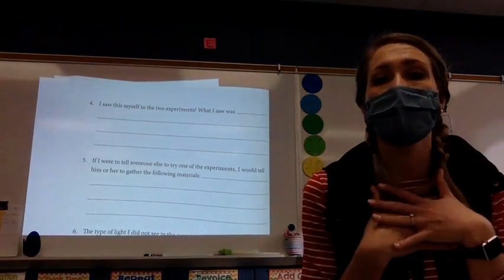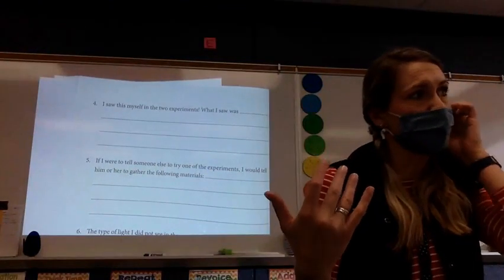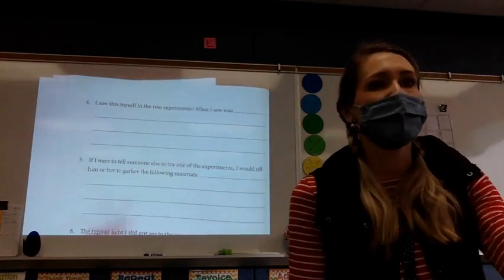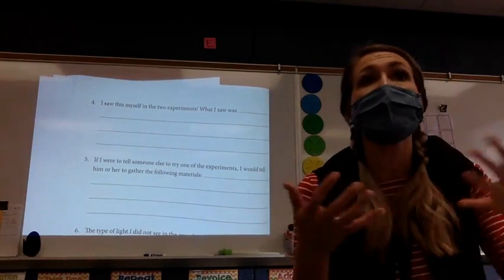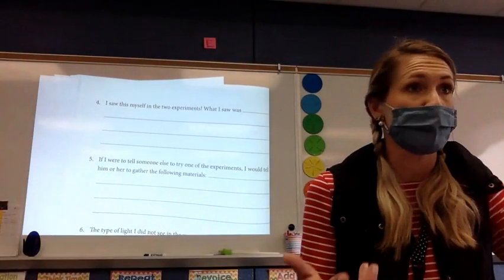We did not get to do the second experiment, but we did get to watch it. Would you know what materials to grab? Yes. Perfect. So you would tell them, in order to do it, what materials do they need? And you write down for one of those experiments what they would need in order to do it.